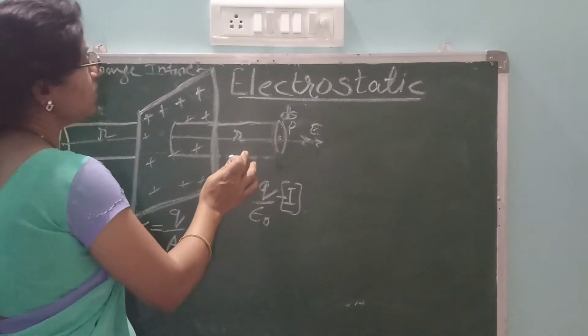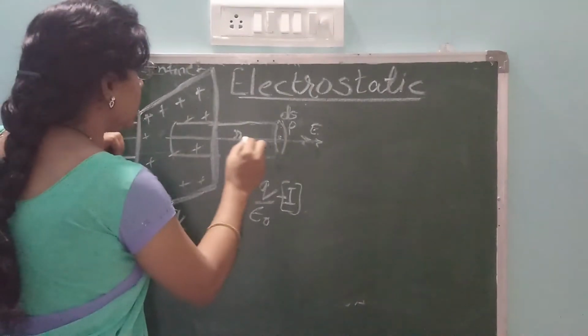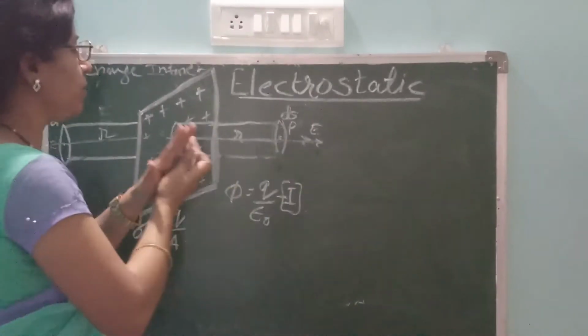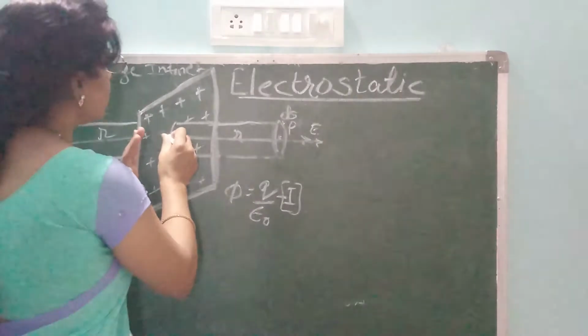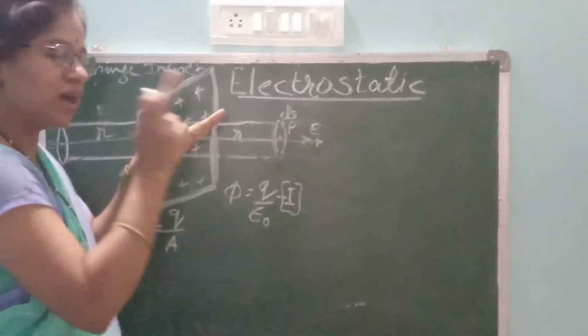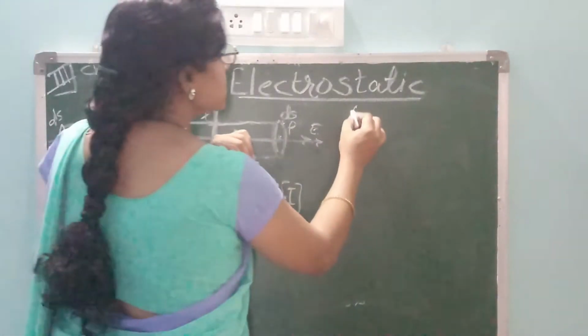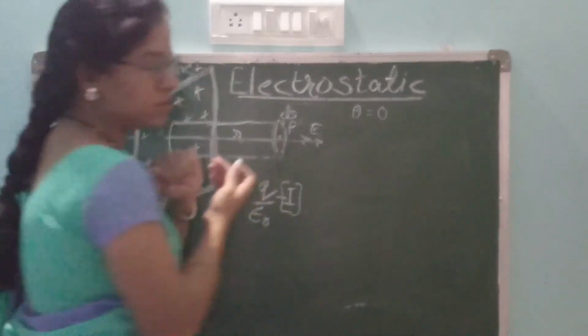In this case, you can see that the direction is outward, and because of that, for this surface also, ds and E are in the parallel direction, and that's why the angle theta is equal to 0.